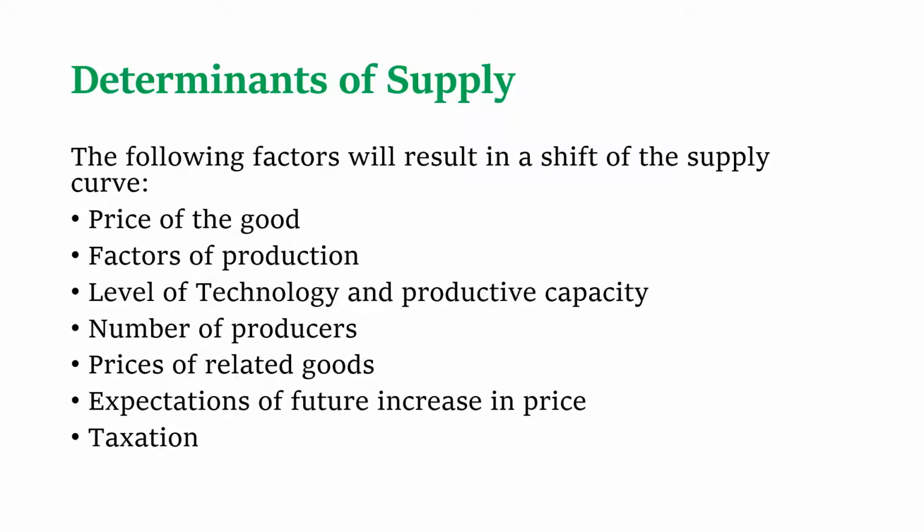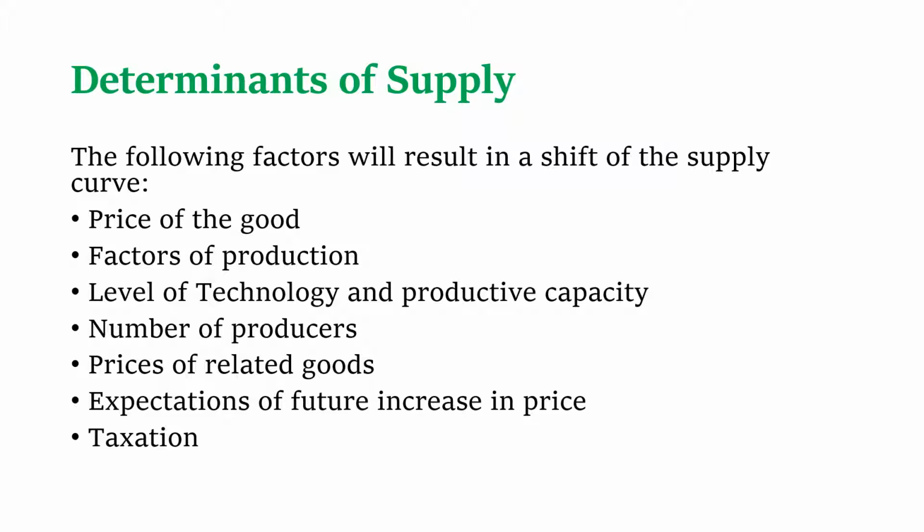Now, if you have the factor of production, the cost of the input, and the cost of the input increases, what do you expect? You expect less of the good to be supplied, right? If the cost of labor also increases, then we expect the supply of the good to fall; less will be supplied.